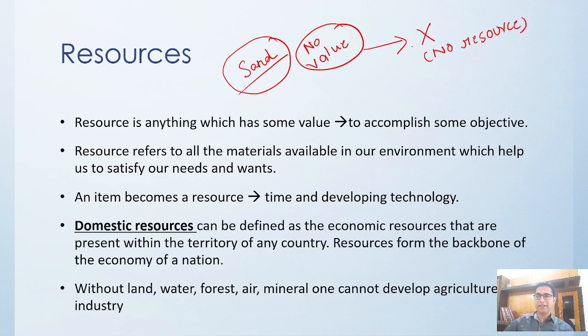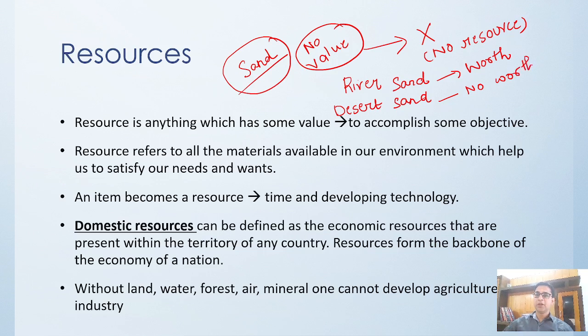Let me give you a live example: river sand and desert sand. River sand is of huge worth. Desert sand is of no worth. So river sand will be considered a resource and desert sand will not, because river sand we utilize for building purposes and various other purposes.